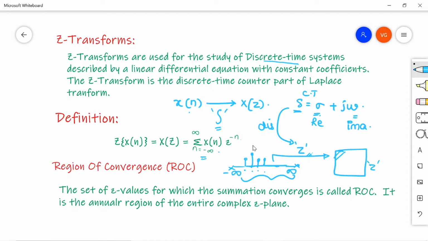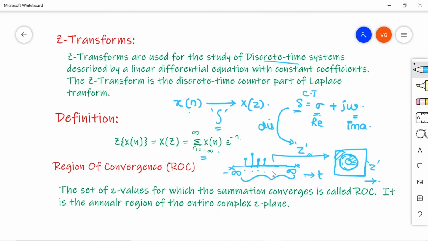So where the summation converges on the Z plane, when you are converting from the time scale to the Z scale, only that part we call the region of convergence. Generally it is defined as an annular region of the entire complex Z plane. Annular means the region between two concentric circles.